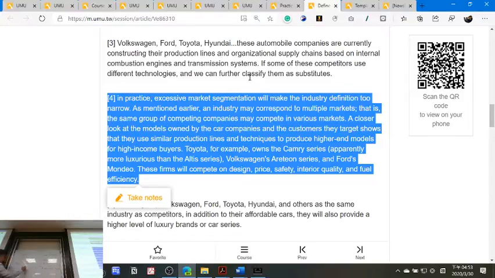Toyota has the high-end brand, like they have the Camry. So Camry series usually offer bigger space, better interior, and high technologies. It will make you feel better if you drive the Camry compared to the Altis, right? So Toyota, they have the Camry, and they also have the luxury brand Lexus, right?